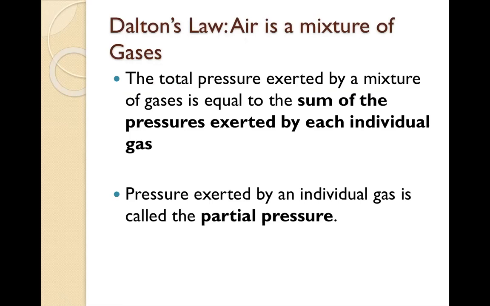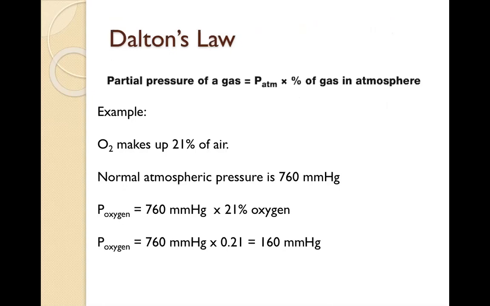Dalton's law talks to us about air being a mixture of gases, and that the total pressure exerted by a mixture of gases is equal to the sum of the pressures exerted by each individual gas. We can determine how much each gas contributes to the overall pressure by calculating something called a partial pressure. Here's an example.